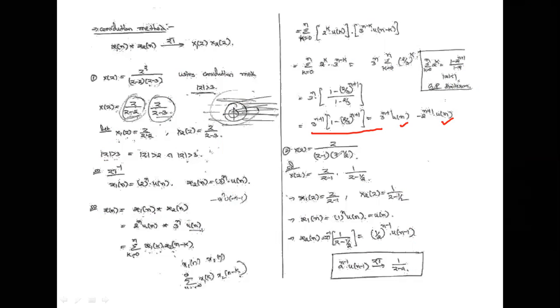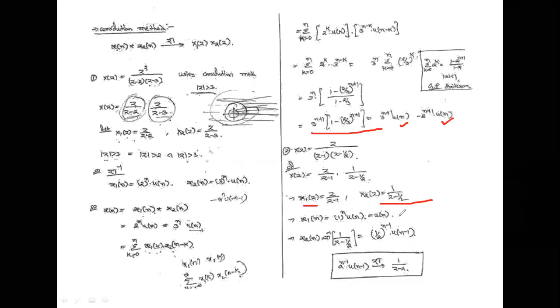And another example we have here: z by z minus 1 and z minus 1 by 2. Take the function z by z minus 1 as x1 of z, and 1 by (z minus 1/2) as x2 of z. Then x1 of n is 1 whole power n mu of n, and x2 of n is not in the form of z by z minus a.